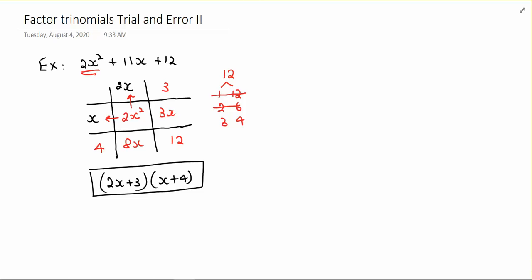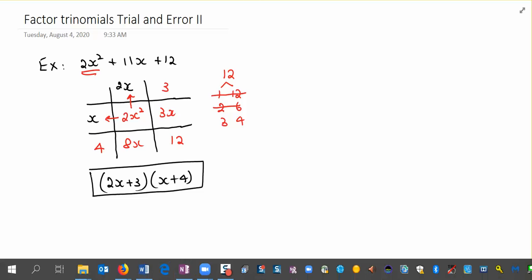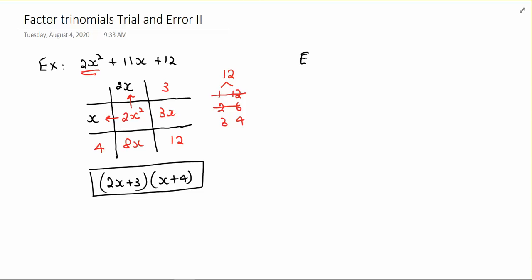Okay, let's take a look at another problem. Again, working with trial and error. So this time we'll try 6x squared plus 31x plus 5. So again, let me set up my little table.